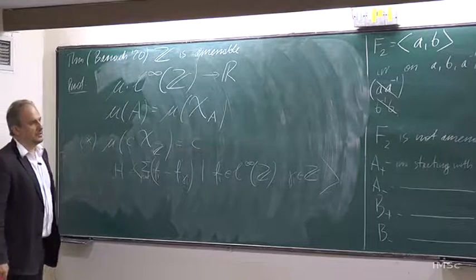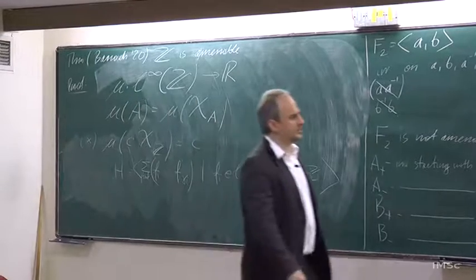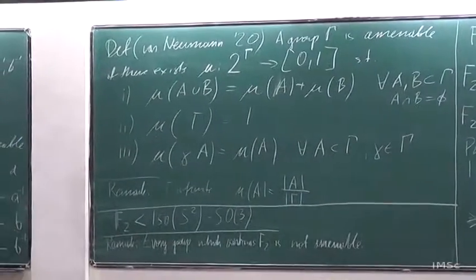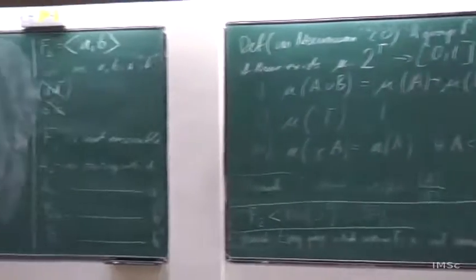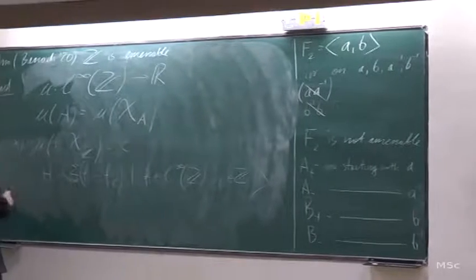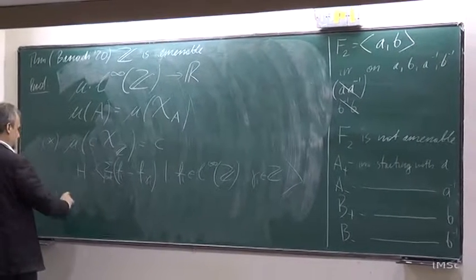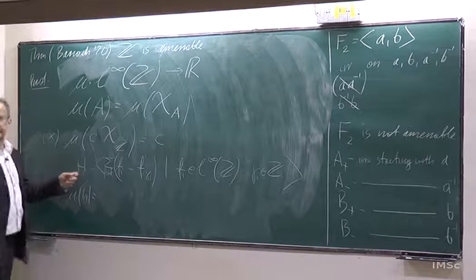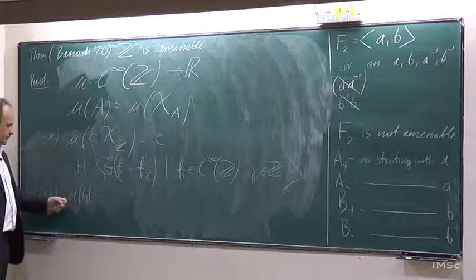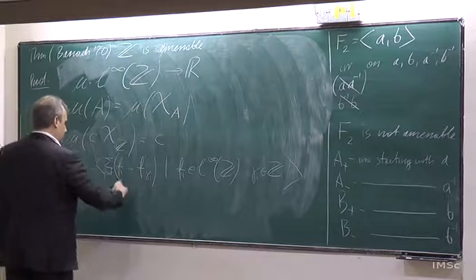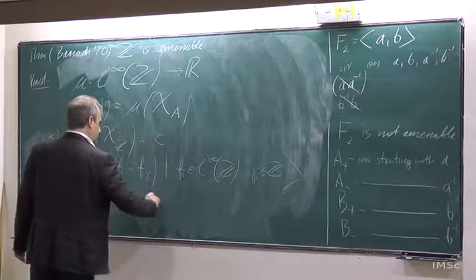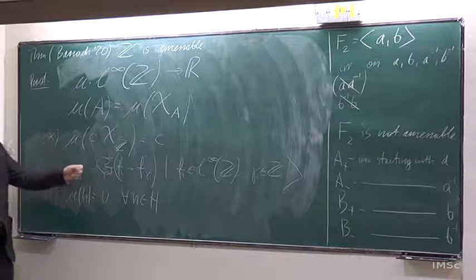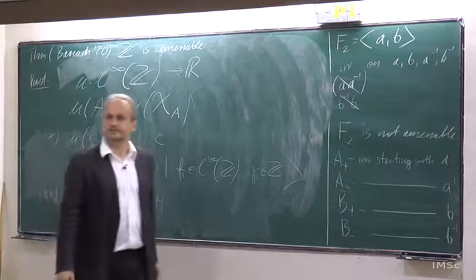If this measure is invariant under translations, it imposes that this functional should be 0 on H. So mu of h should be 0 for all functions in the subspace.